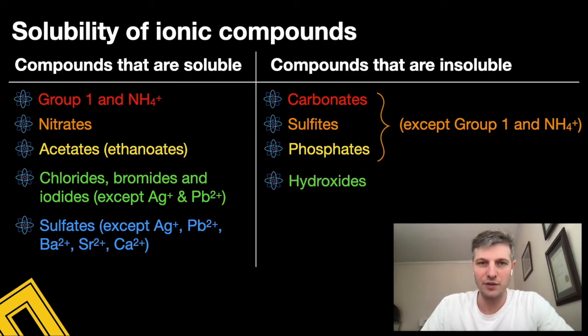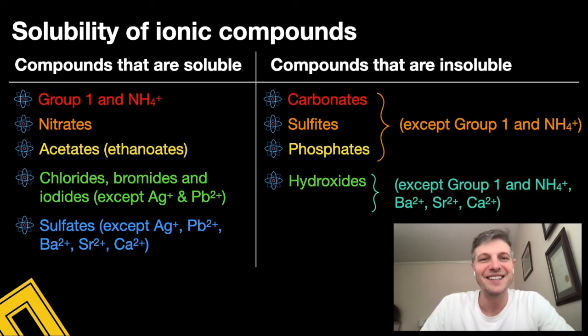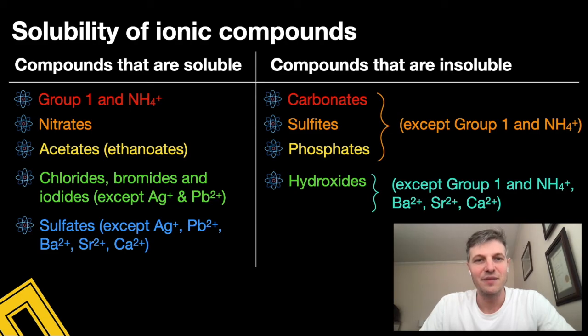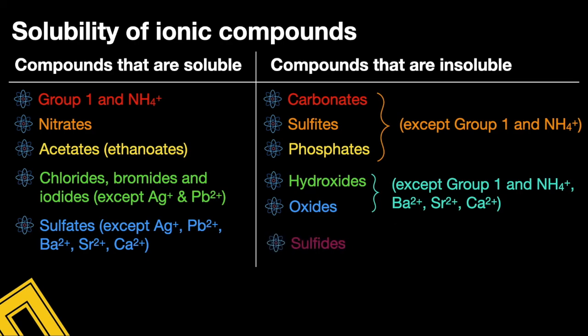All hydroxides are insoluble, with exceptions: group 1, ammonium, and barium, strontium, and calcium. The same exception applies to the oxides. Sulfides are all insoluble except groups 1 and 2 and ammonium.